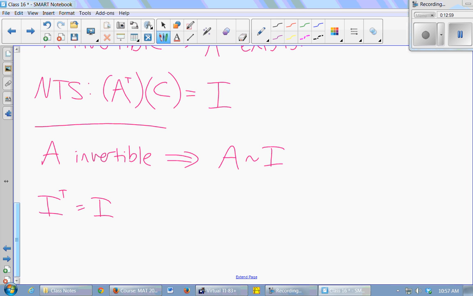I want to find a matrix C that when I multiply by A transpose, I get the identity. Any candidates for what that matrix C could be? It's going to be related to A somehow. We have two matrices that we know exist, A and A inverse.